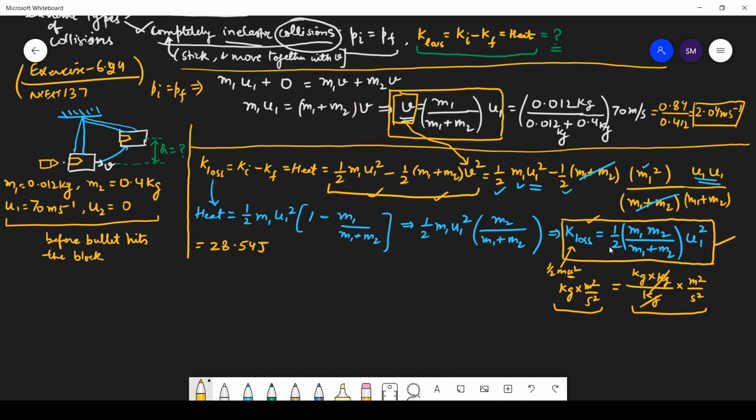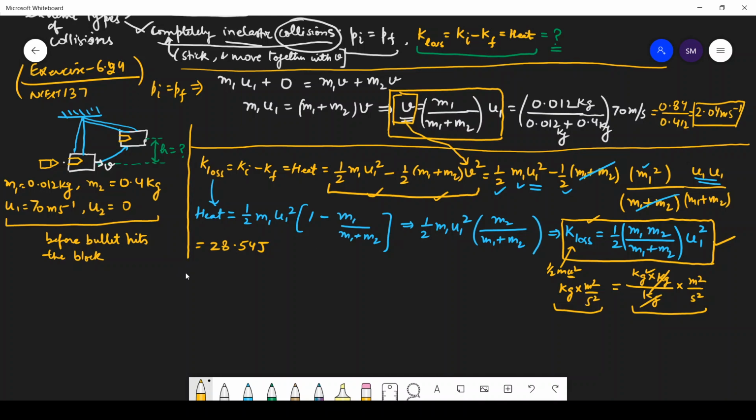Next thing is that because you have only 1 m here you have to cancel out, so this kilogram cancels out, but here you want 1 kilogram, and that is why you have written here m2, so that you will be left with 1 kilogram, which is m2. Okay, and you want square, so students, just one way to remember the formula: multiplying it with m2 so that you have kilograms, because here you have half mv square, and multiplying it by u1 square. So remember these formulas.